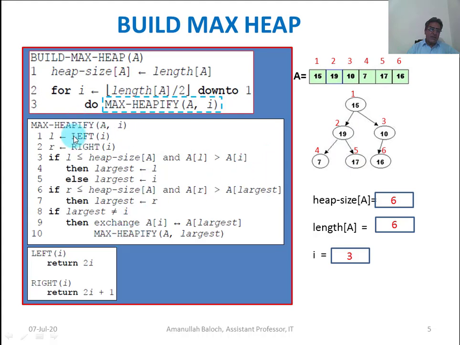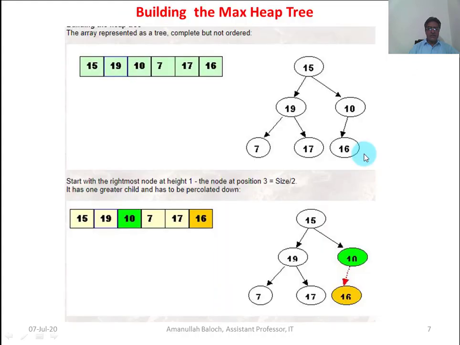That is, the recursive algorithm will execute the next time: first 15 will come from here to here, and then next time 15 will come from here to here. Then the position will become like this.